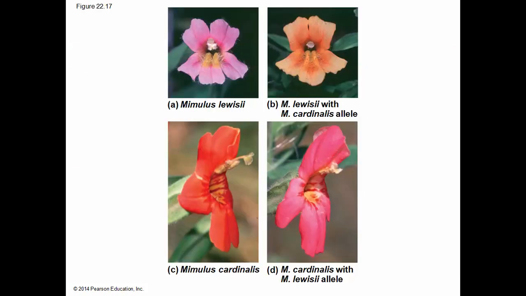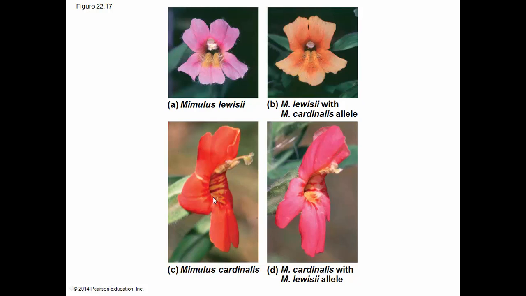So here's the monkey flower. Its coloration is affected by two loci on a given gene. The red flowers are preferred by the hummingbirds, and the pink flowers are preferred by the bees. So you can cross these and make a pink flower more reddish, and that will make it more attractive to both hummingbirds and bees.